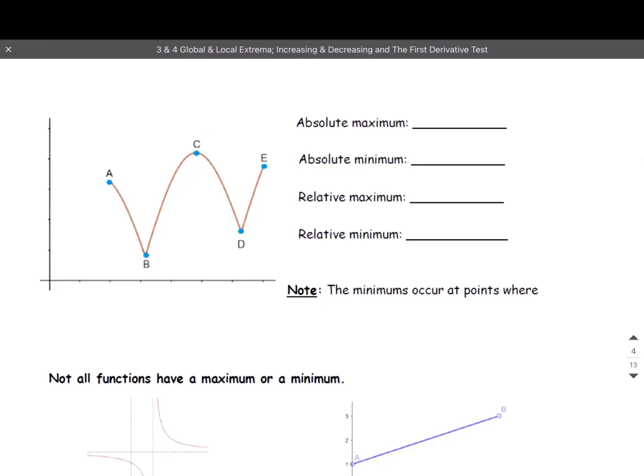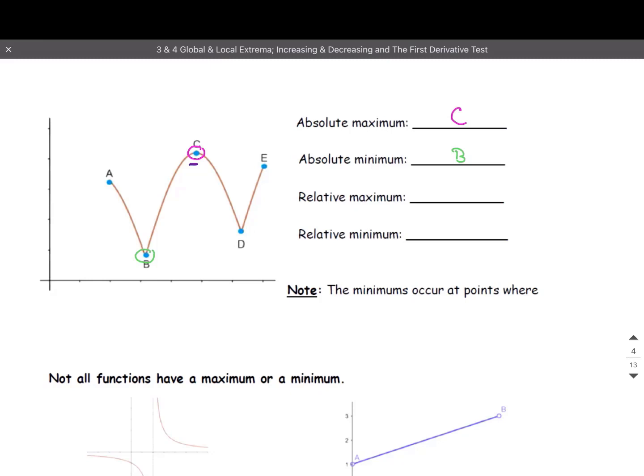Let's look at another one. On this graph, our absolute highest the graph ever gets is at the x value c. The absolute lowest this graph ever gets is right here at b. Now, a relative maximum, do we have a point where the graph goes up, turns around, and comes back down? The only time we have that is at c.